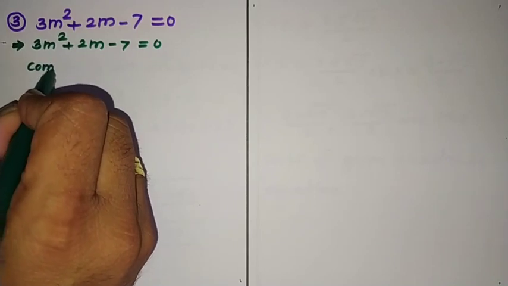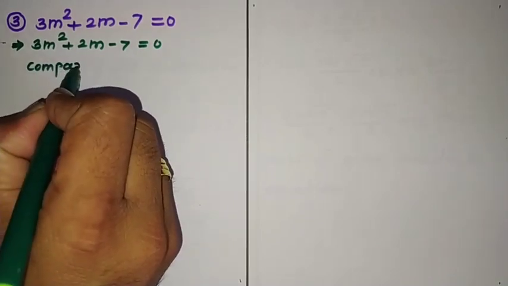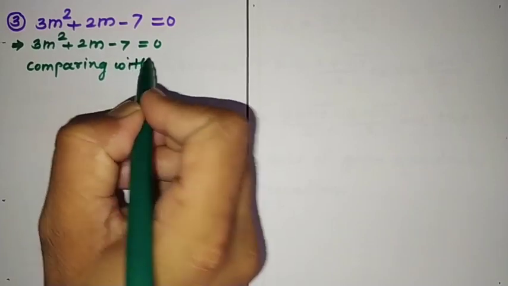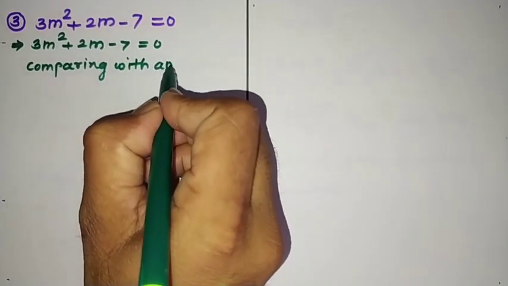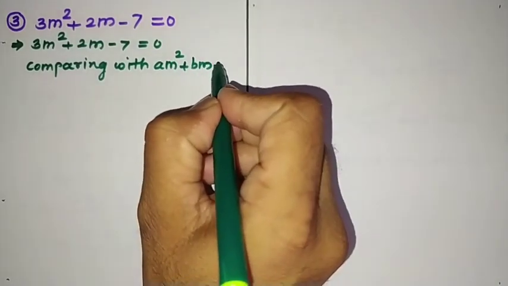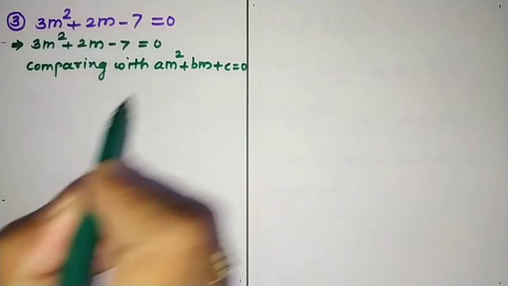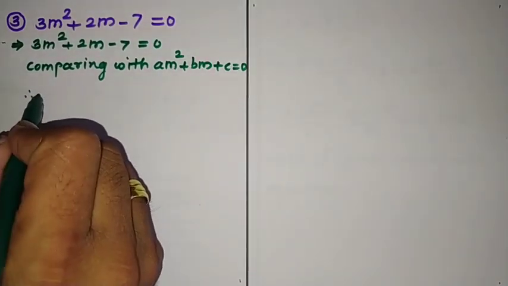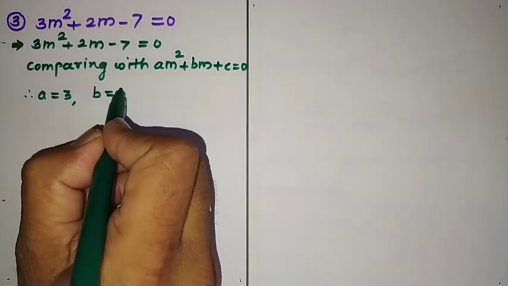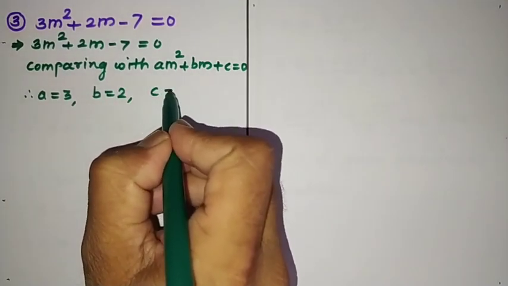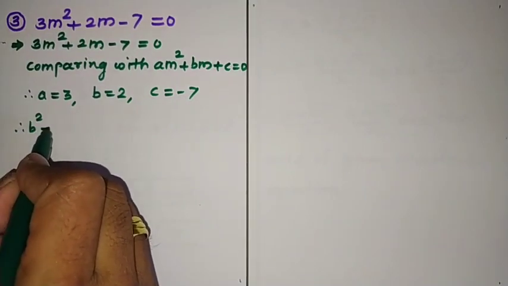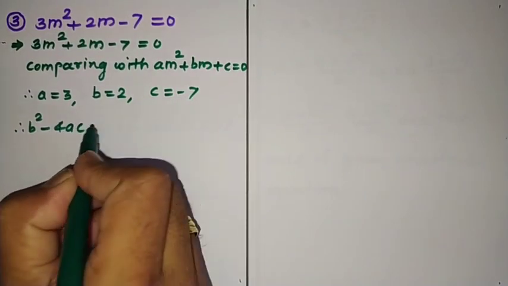Comparing with am square plus bm plus c is equal to 0, write down the value of a is equal to 3, the value of b is equal to 2, and the value of c is equal to minus 7. Find the value of b square minus 4ac.